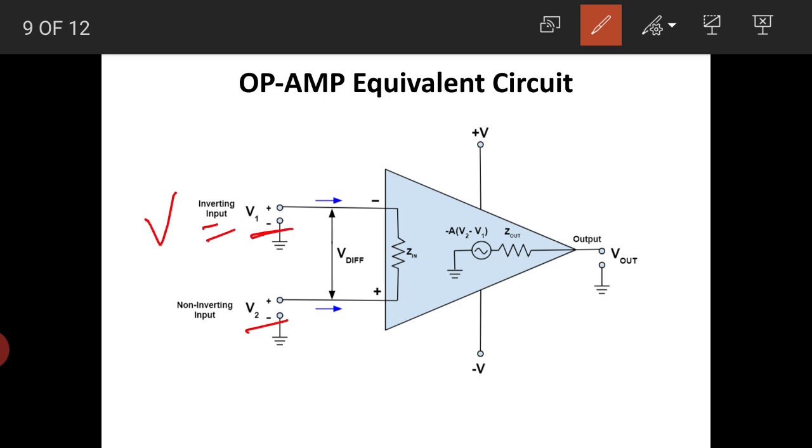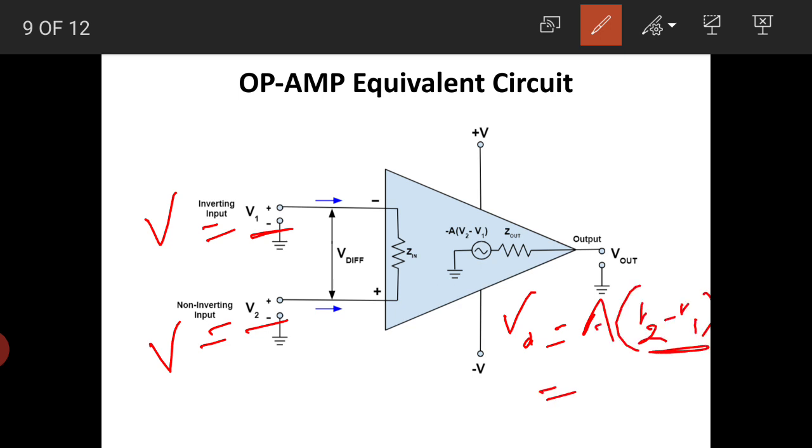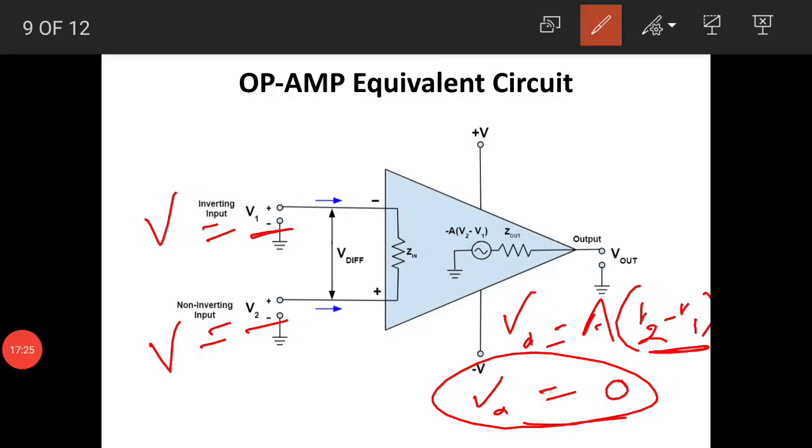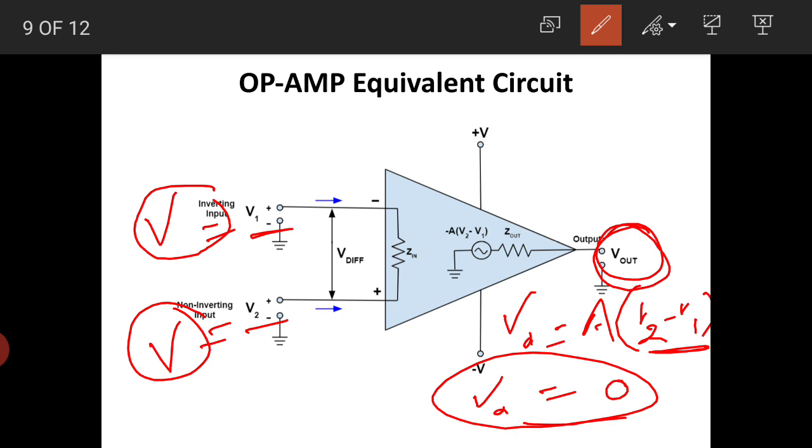If V1 is equal to V and V2 is also equal to V, at that time the output voltage will be equal to A times V2 minus V1, where these two values are the same. So V out will be equal to 0, which means that if the input voltages are the same, we are not having any output in the operational amplifier.